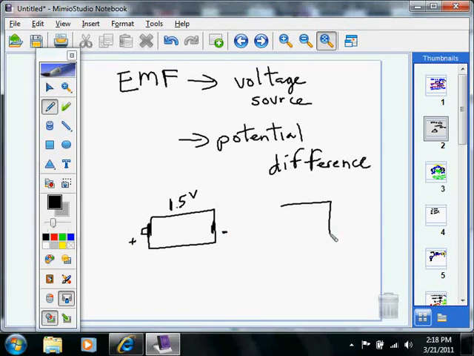But if you have a 6 volt battery, the concentration of electrons on the negative terminal is going to be 4 times as great. And the concentration, or the lack thereof, of electrons on the positive terminal is going to be 4 times as great. So the higher the voltage, the greater the difference in the charge concentration.